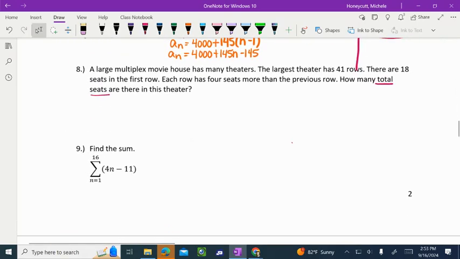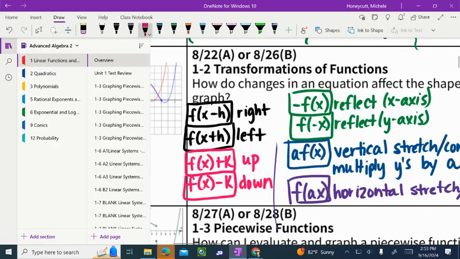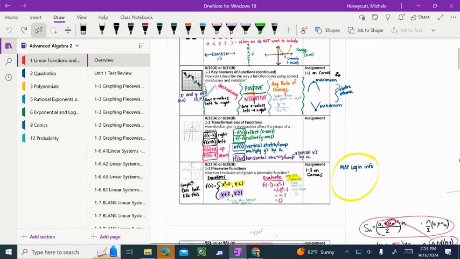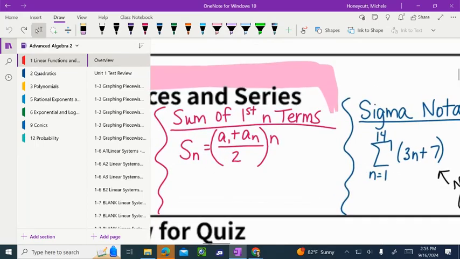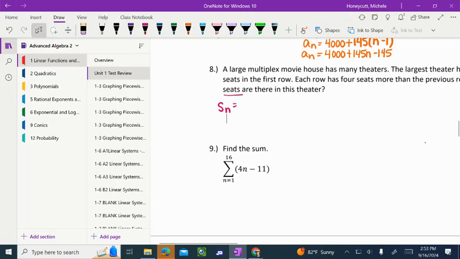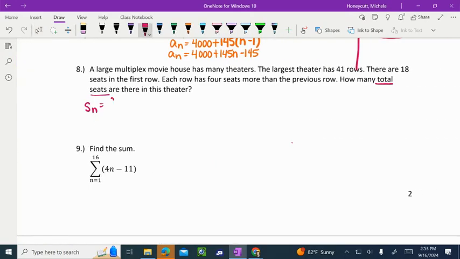So I'm going to use the sum of the first n terms formula, which is S sub n. Again, this is also on your overview, but you need to have it memorized. It's this formula right here: equals the first term plus the last term divided by 2 times the number of terms. We will substitute in everything that we know.